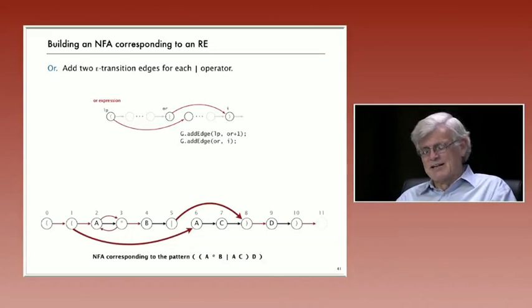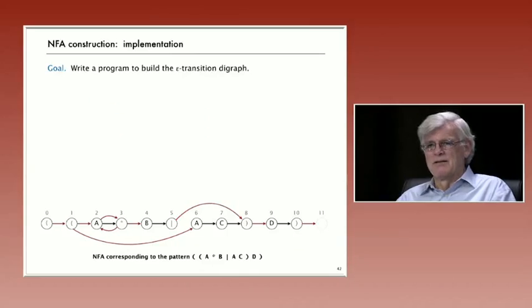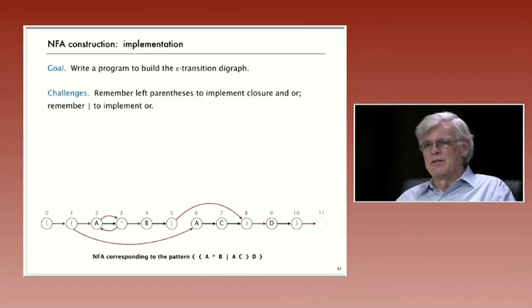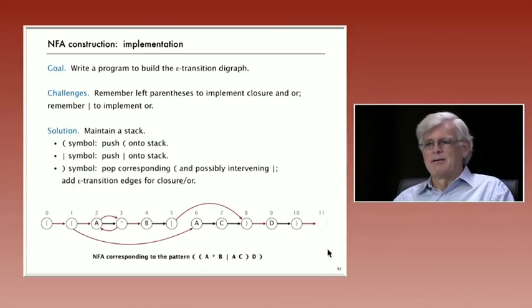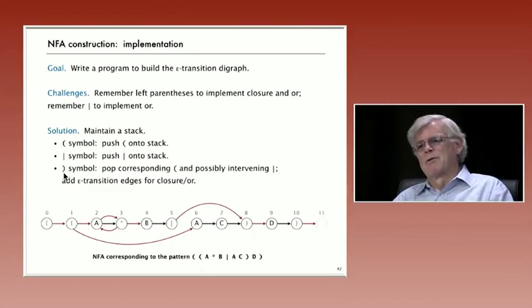But this is not that difficult to do because we have a mechanism for doing that, how to remember where the left parentheses are in the or, and that's to maintain a push-down stack. And so the algorithm is to push left parentheses and ors onto the stack, and then when we hit right parenthesis, we can pop the corresponding left parenthesis and maybe the or.